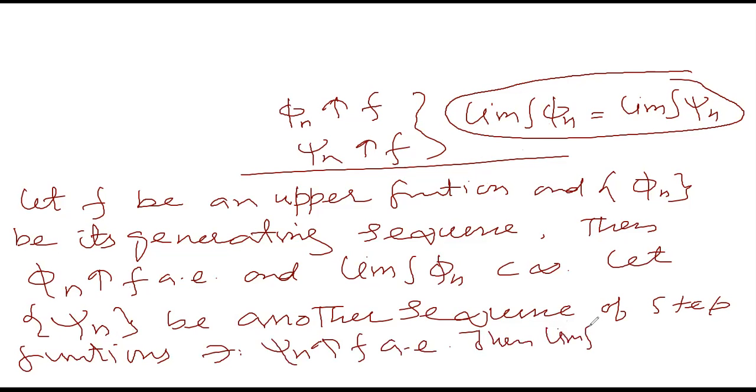the limit of the integral of phi n is the same as the limit of the integral of psi n. So this is finite, because this limit is finite, as phi n is a generating sequence. Thus psi n is also a generating sequence because it has two properties. One is already given, psi n increases to f, and the second we have obtained from this.